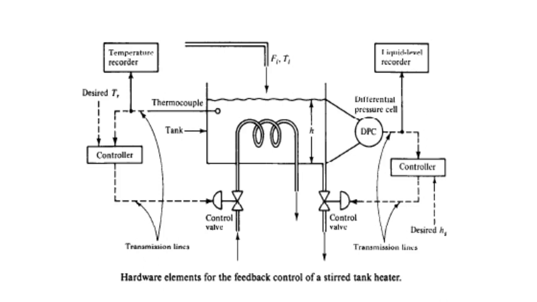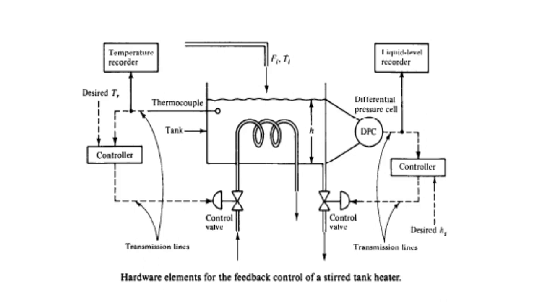On the right hand side, we have used a differential pressure cell. The differential pressure cell basically measures the liquid level height in the tank. It produces a signal, and that signal is recorded using the liquid level recorder, which gives you the timely variation of the liquid level in the tank.